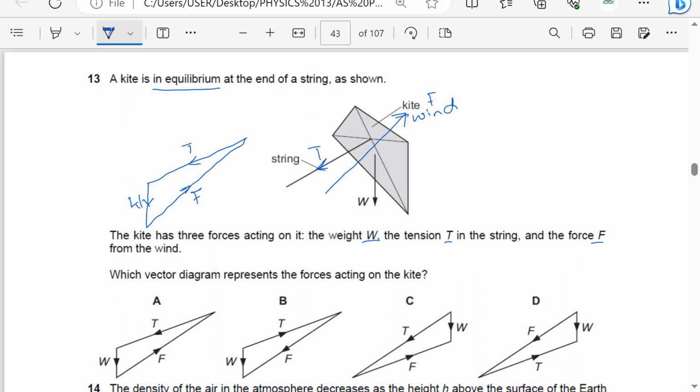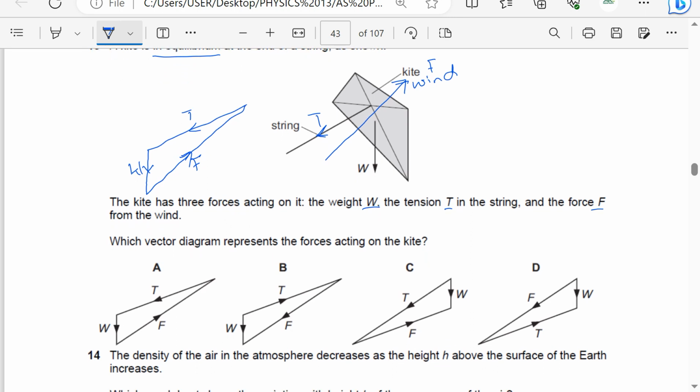This is going to be the force F. So let's check which vector diagram resembles that. Which vector diagram represents the forces acting on the kite? And I think this is going to be A.